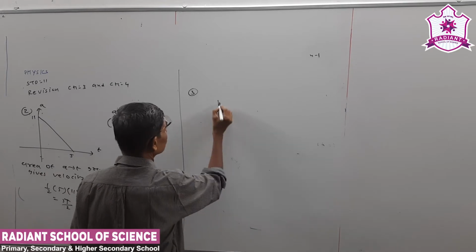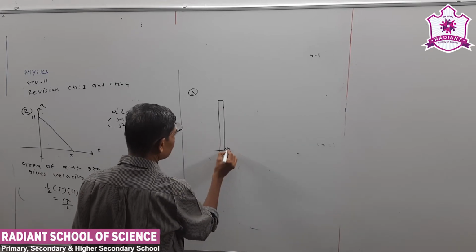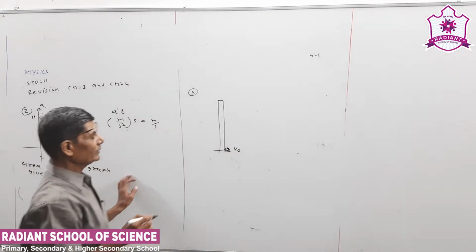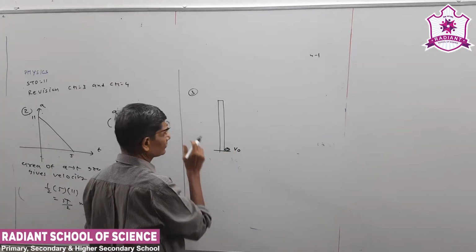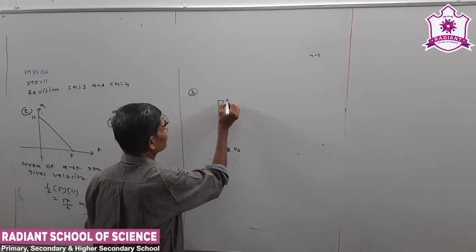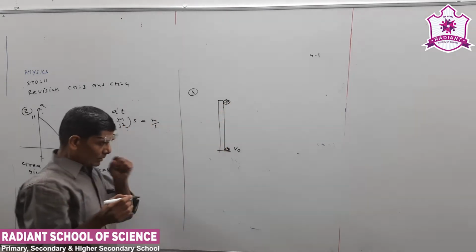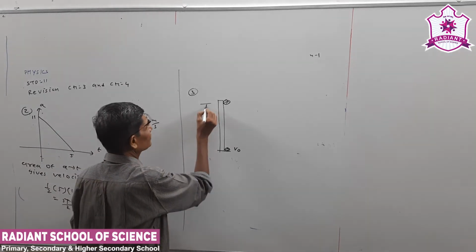See, a ball is thrown in vertically upward direction with the velocity v0. Let us say the maximum height covered is given as 16 meters.